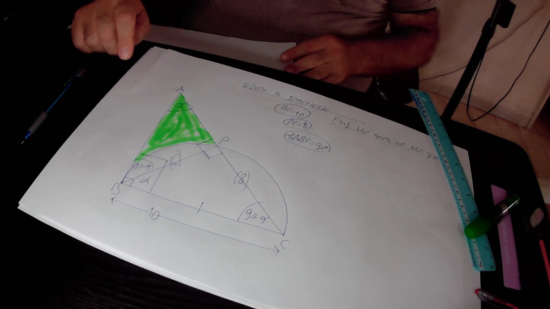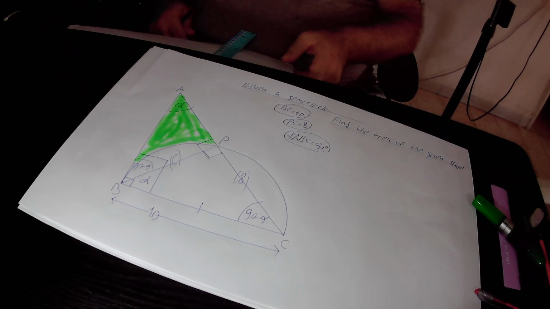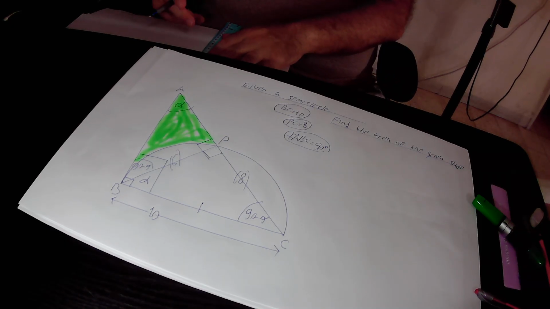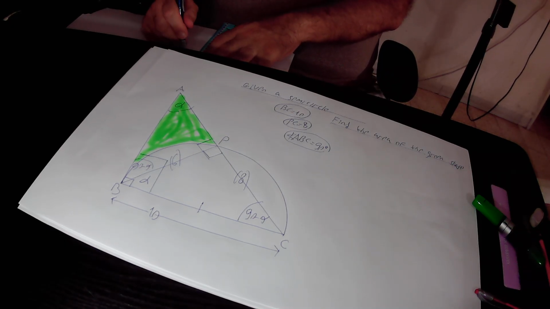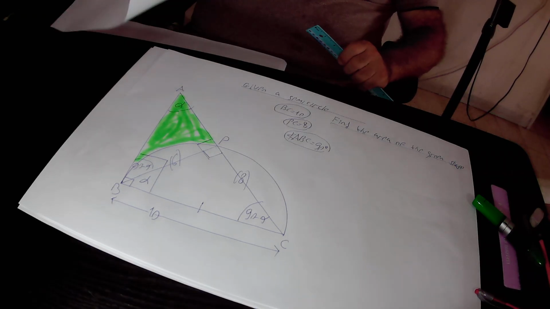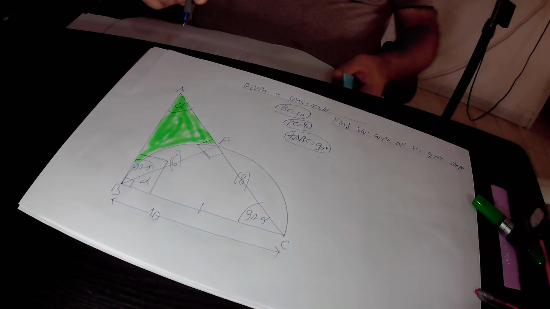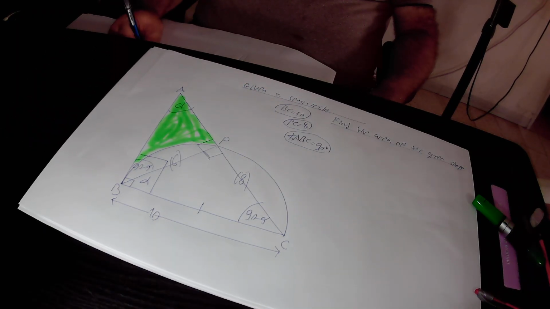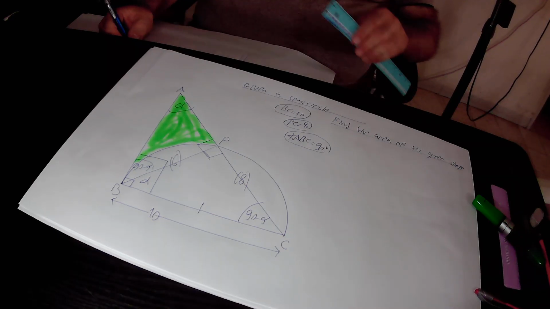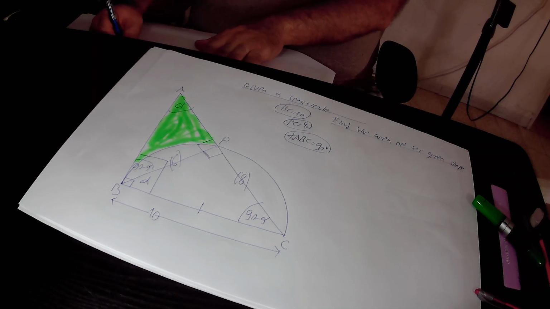We found out that the right triangle ABP is similar, this is the sign of similar, to the right triangle BPC, according to angle similarity rule.